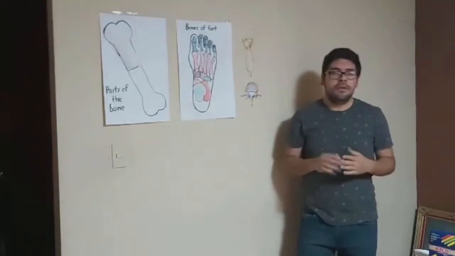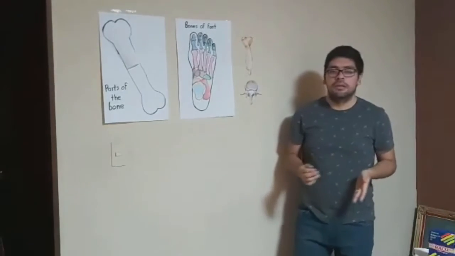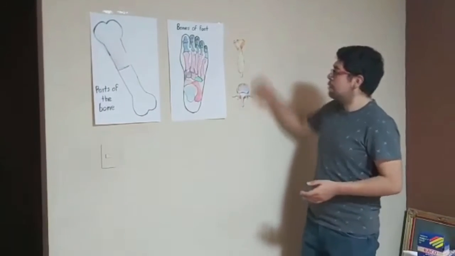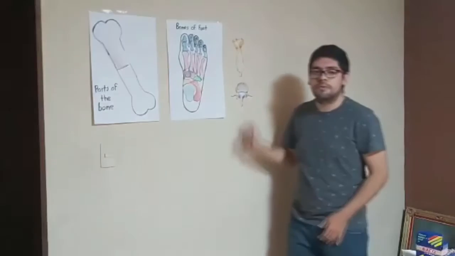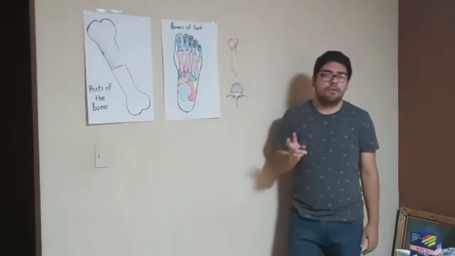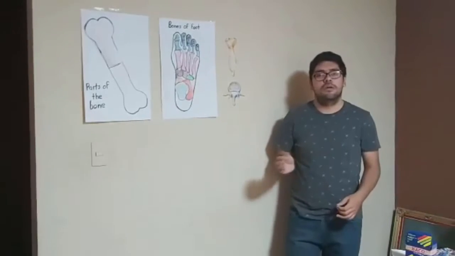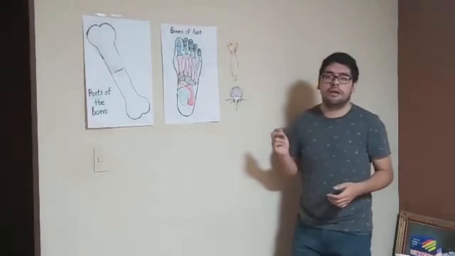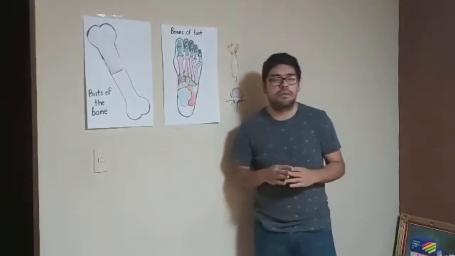Bones are classified according to their shape into long bones, short bones, flat bones, and irregular bones. All bones consist of 2 types of bone material: an outer layer of dense, smooth compact bone, and an inner layer of spongy cancellous bone.